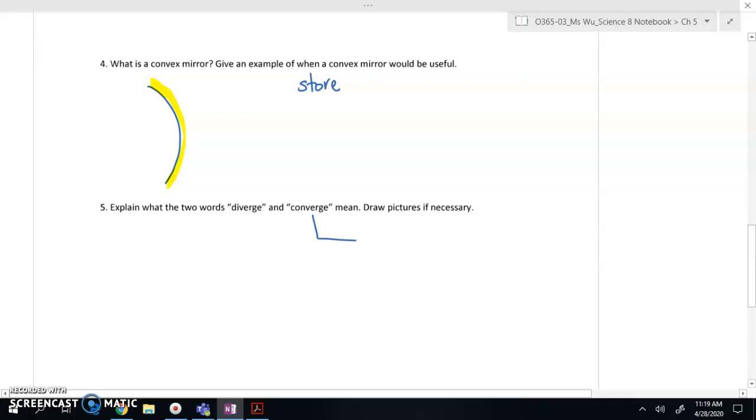Number 5, what do the 2 words diverge and converge mean? Converge, I'm going to start with this one. Come together. So for example, when I say, hey, look at those people converging together, right? Which I kind of miss. No, we're not converging together anymore. Oh man, I miss school. Diverge is to spread out.